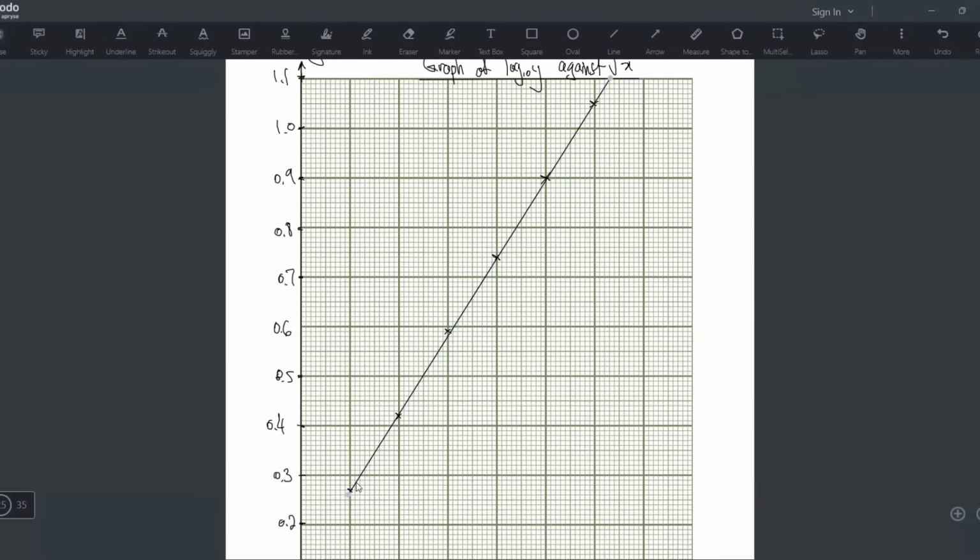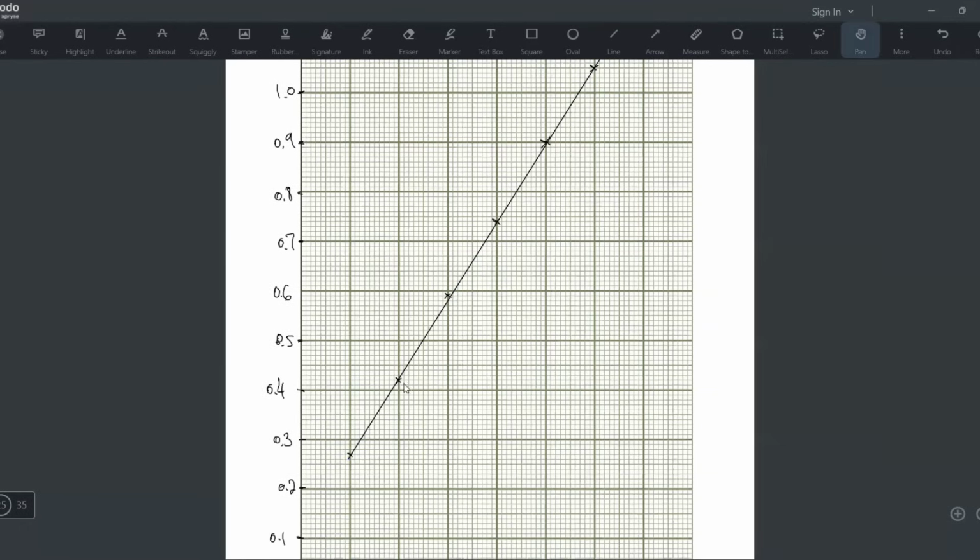If you join like that, it's better because it touches more points, right? Actually, it touches all the points except the third one. Only this is the point yang miss. So it's very obvious. This is the line of best fit, confirmed. Okay, but you have to panjangkan so that it touches the y-axis.